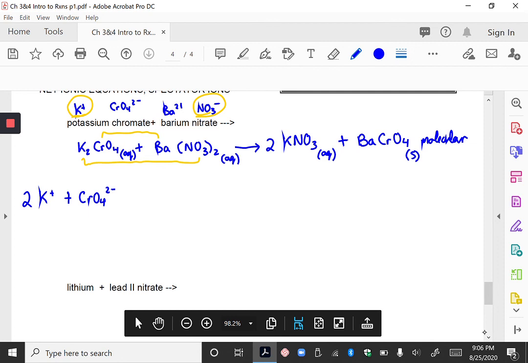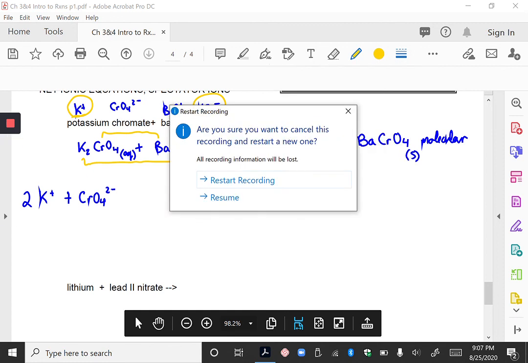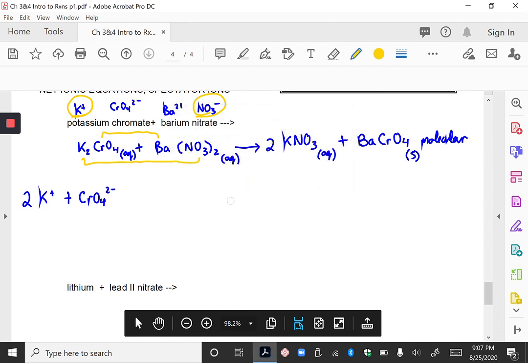So 2 of the K pluses and 1 CrO4 2 minus. The reason why we write it that way is if you were to write a formula unit of this, you'd see a K plus, a CrO4 2 minus, and then another K plus, right? So 2 of the K pluses and then 1 CrO4 2 minus.